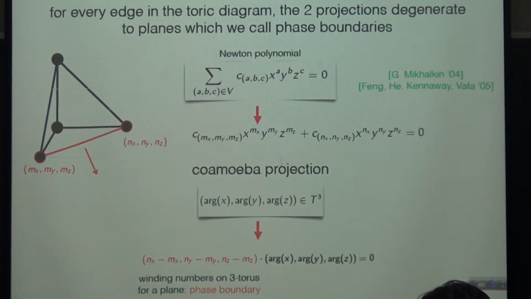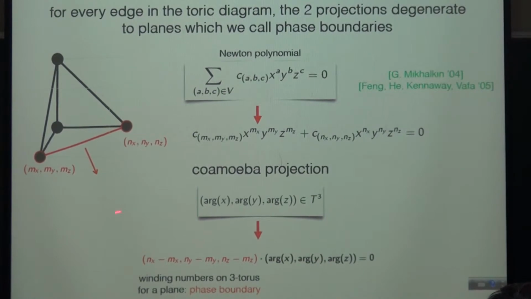In order to do so, let me have a look at the toric diagram of the Calabi-Yau fourfold. The toric diagram of the Calabi-Yau fourfold is associated with a Newton polynomial, which basically defines this holomorphic surface.